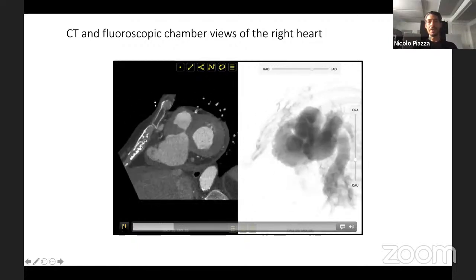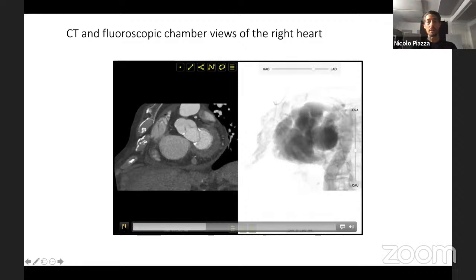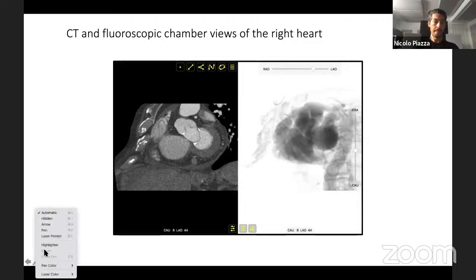We're going to a short axis view, or what I like to call a one-chamber view of the right heart in LAO caudal. Notice it's really a double barrel of the left and right heart. You have the short axis of the right heart here, and you have the short axis of the left heart here.